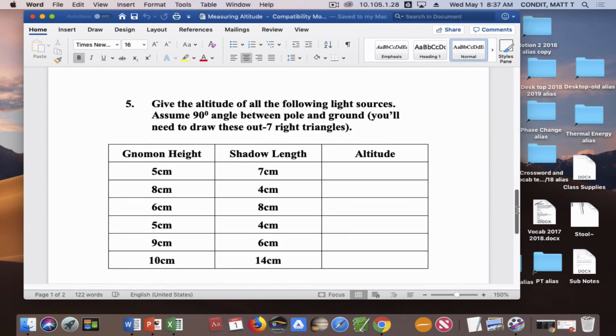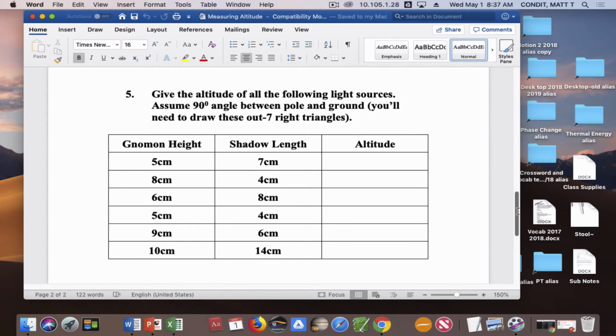Then I'm going to have you do some more. It says, give the altitude of the following light sources, assume a 90-degree angle between the pole and the ground, and you'll need to draw out 7 triangles. In this case, the gnomon height was 5 centimeters and the shadow length was 7 centimeters, so you will need to draw a triangle that has a base length of 7 centimeters, a height of 5 centimeters, and then measure the angle horizontally opposite the 90 degrees, and that will give you the altitude.